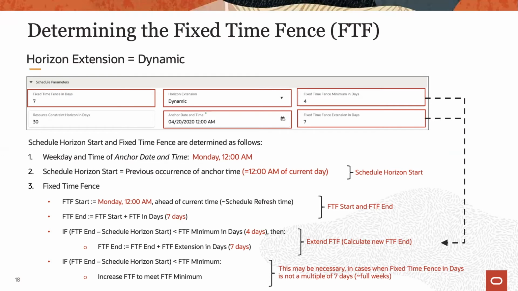Note that if the fixed time fence is not a multiple of 7 days, meaning full weeks, then depending on the other values, there could be constellations where after applying above logic, the fixed time fence is still less than the fixed time fence minimum. In such cases, production scheduling will simply extend the fixed time fence to meet the minimum.